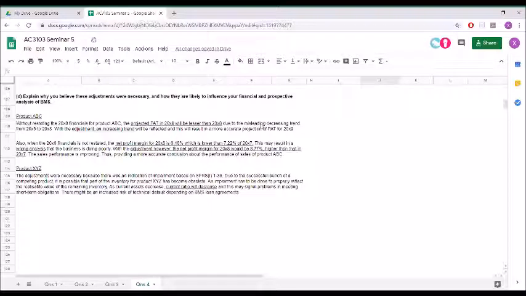An impairment has to be done to properly reflect the realizable value of the remaining inventory. So as the impairment is done, current assets will decrease, and this will cause the current ratio to also decrease. And this may signal problems in meeting short-term obligations. And there might be an increased risk of technical default depending on BMS loan agreements.